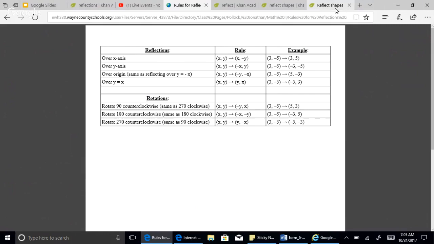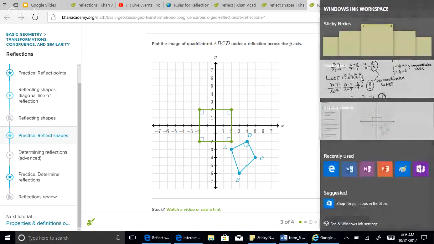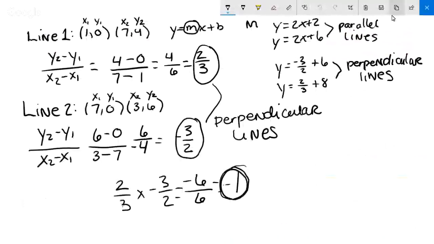Okay, going back to reflecting shapes. So we're looking at these shapes. We have coordinate A, coordinate B, coordinate C, and coordinate D. Let me see if it's possible to open up my sketch pad and delete.